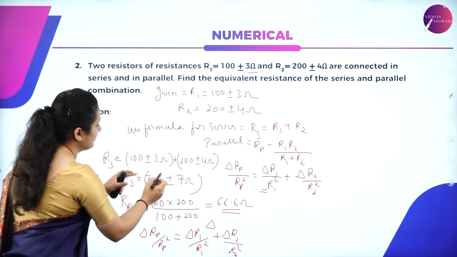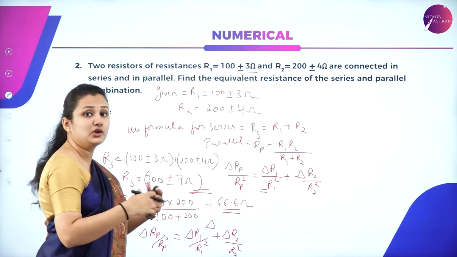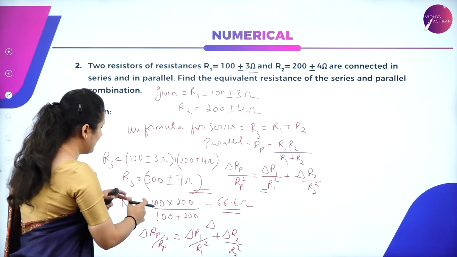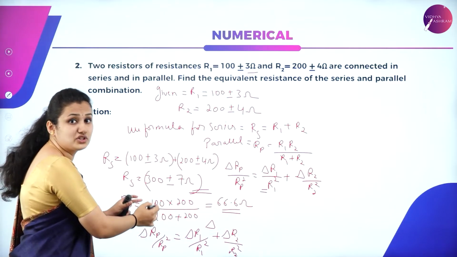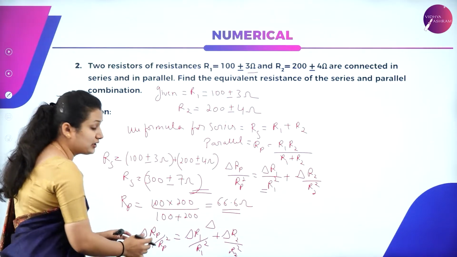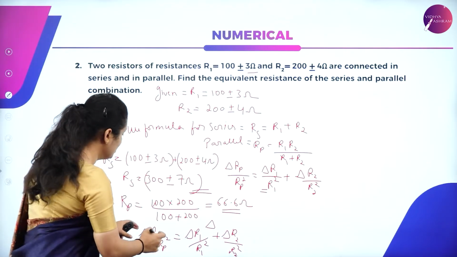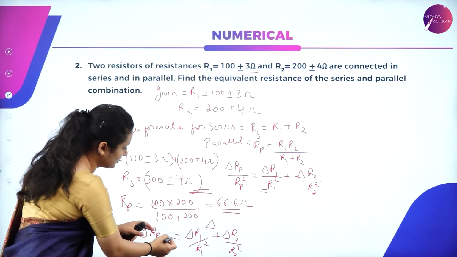You use the formula, you will get 300 plus or minus 7 ohm. This one. When you find equivalent resistance in parallel you have two formats. One is you will find equivalent resistance, that is 66.6 ohm. You can calculate this using your calculators, and to find out with error in the calculation of equivalent resistance in parallel, you introduce a term delta.